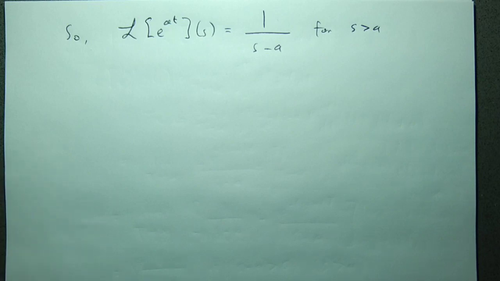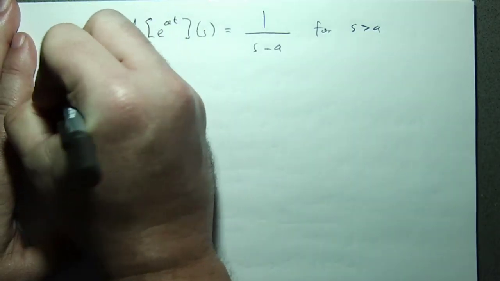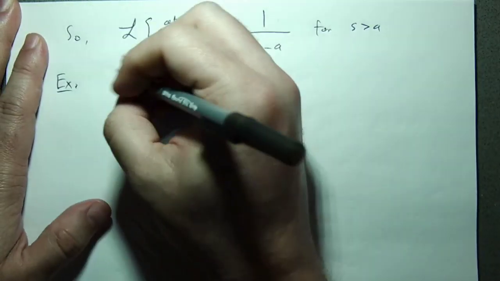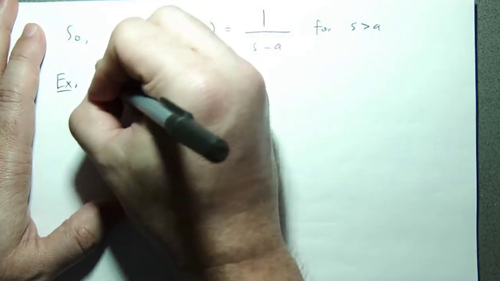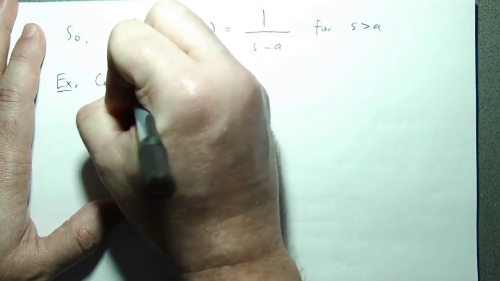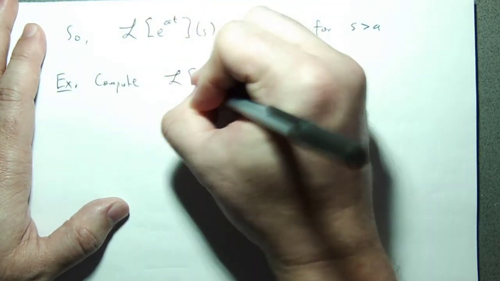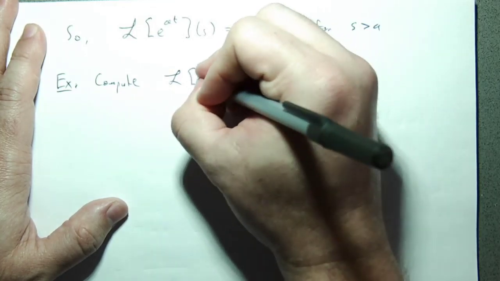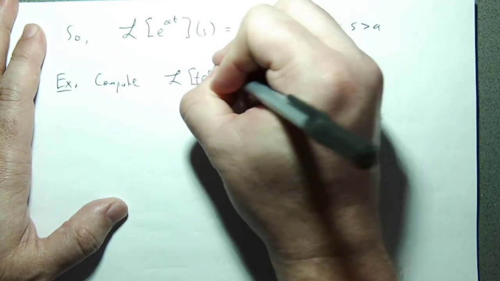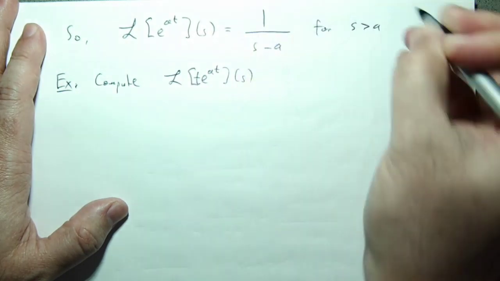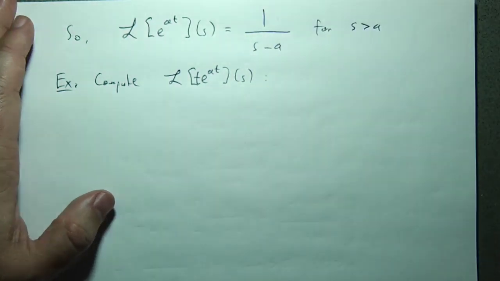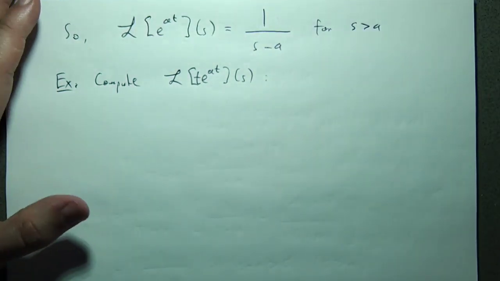Okay, so let's do one more example, and then I will shortcut the rest of the examples. So here's another example. Compute the Laplace transform of, we'll say, t e to the at of s. Okay, using the definition.